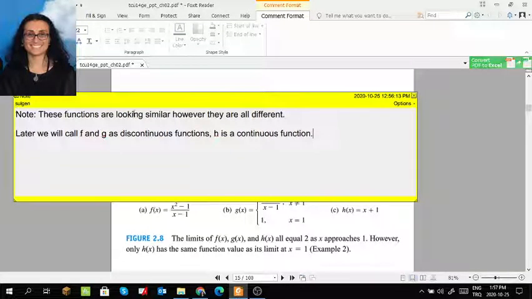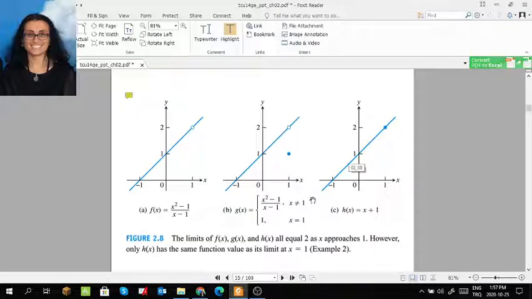These functions look similar, however they are all different. Later we will call f and g discontinuous functions, whereas h is a continuous function. Why is that? Because you can just start here and continuously draw it without removing your hand. But here you cannot do that.